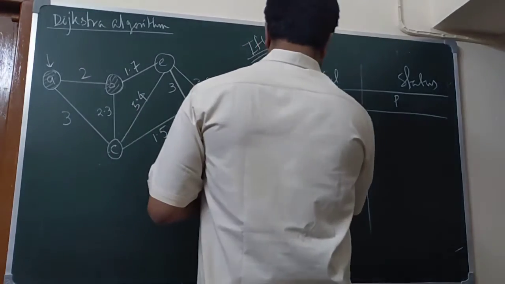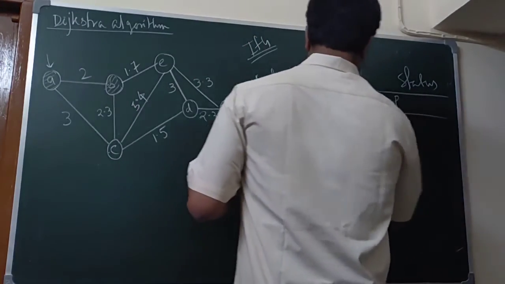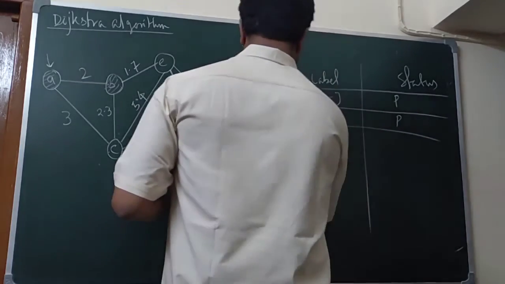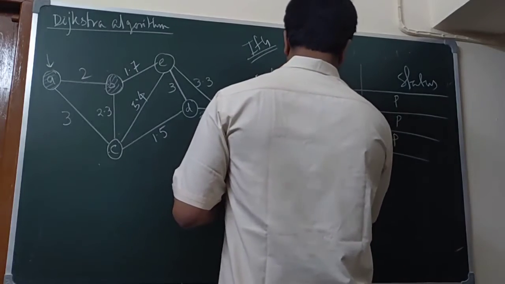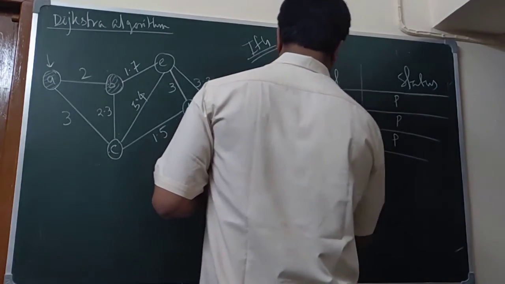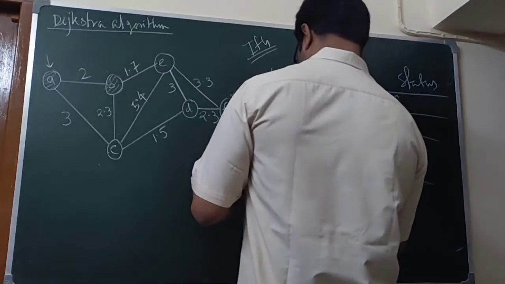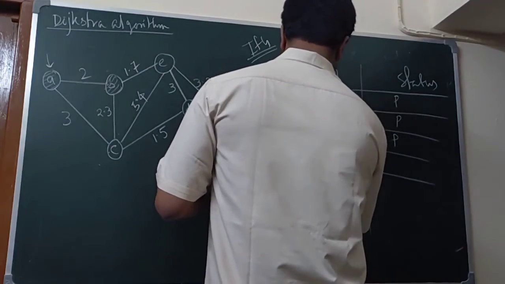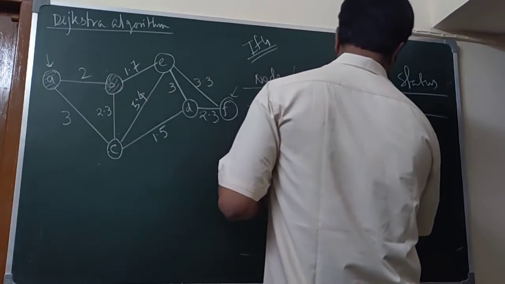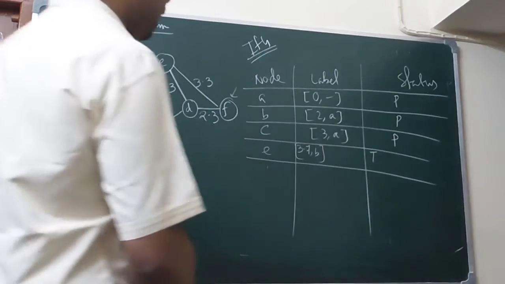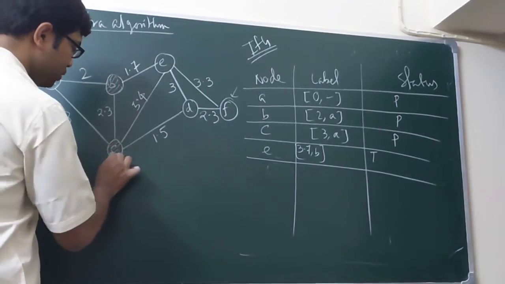B with the value 2A, permanent. C, permanent, with the value 3A. Now E with the value 3.7B, and this is temporary. At the beginning of iteration 4, C now becomes permanent.